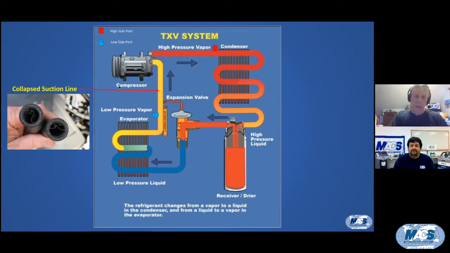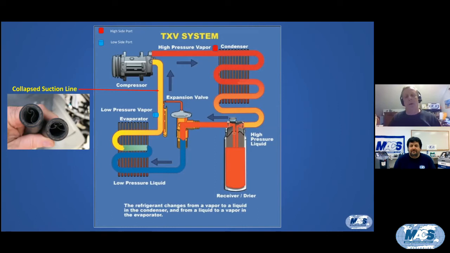Now, in discussing this hose right here, I had mentioned to him earlier that blowing air through a component wouldn't necessarily pick up a restriction. In this particular case, this hose was almost straight. It was just a slight bend on each end. You could blow air through it all day long and detect no restriction whatsoever. You could pick that hose up and look through it and see daylight from one end to the other.